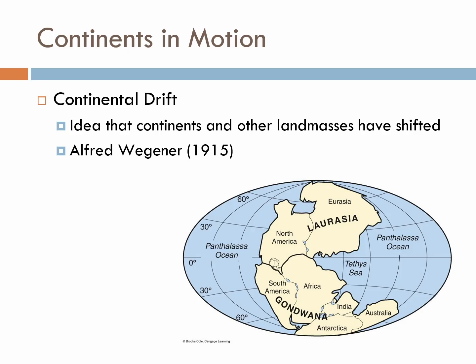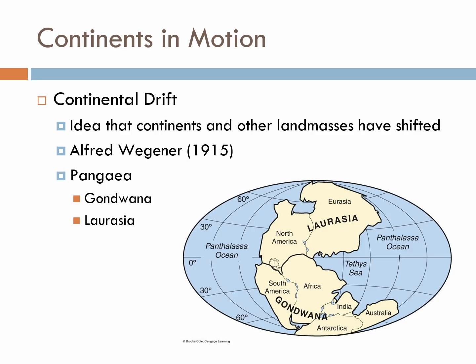In addition, although he was not the first person to notice and comment on this, Wegener pointed out that the borders and the outlines of modern continents almost fit together like a jigsaw puzzle, kind of like you see here on this image. So to explain this and the fact that he saw all these similar things happening in places where they didn't seem to belong, Wegener hypothesized that there had at one time existed a supercontinent that he called Pangaea.